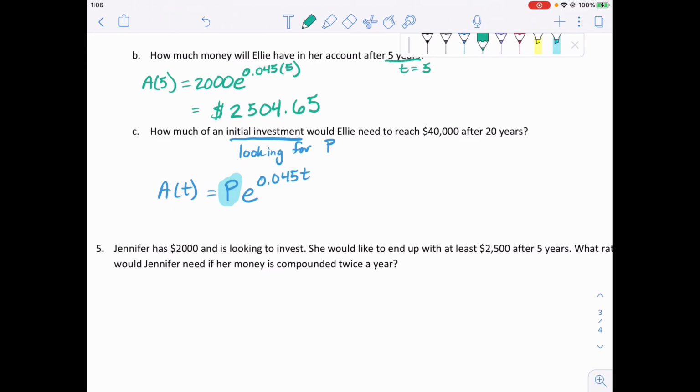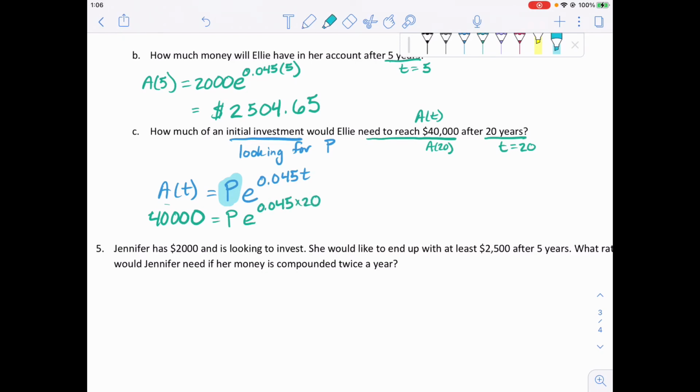And so we want to know how much we need to reach 40,000. So that's our amount, right? And so that means that this is going to become 40,000. And it's after 20 years, so that means t is 20. So this is really a of 20 equals p e to the 0.045 times 20.